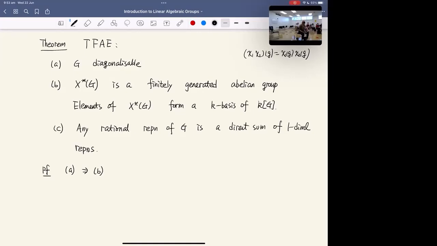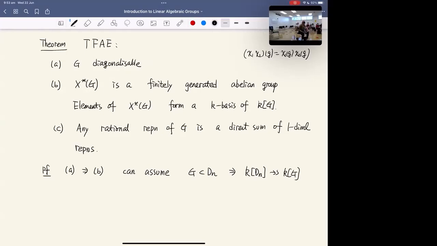By definition, G is isomorphic to a subgroup of Dn. So we can just assume that we take a subgroup and look at what happens, okay? Then this will induce a surjection on the coordinate ring, right?